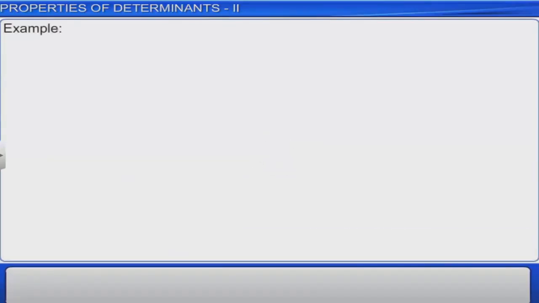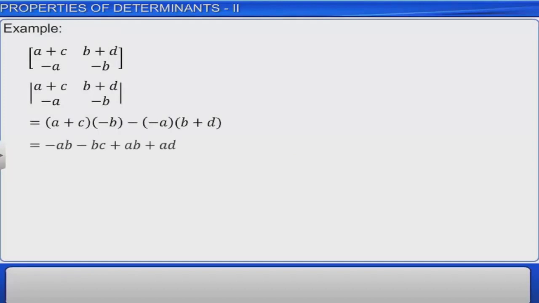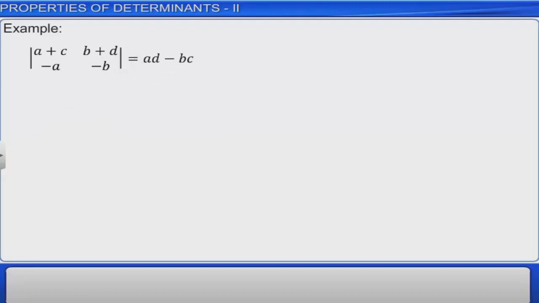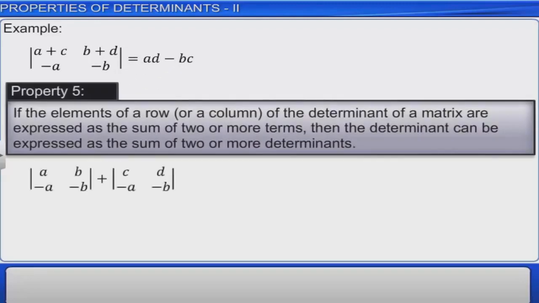For example, consider the 2 by 2 matrix shown here. Its determinant is equal to AD minus BC. Now, let's find the determinant by writing it as the sum of two determinants. Using property 4, take minus 1 common from the second row of the first determinant.